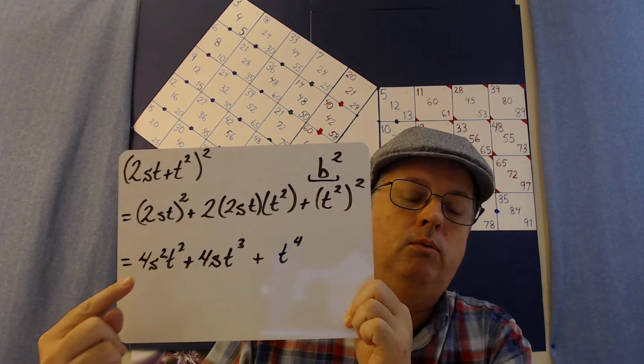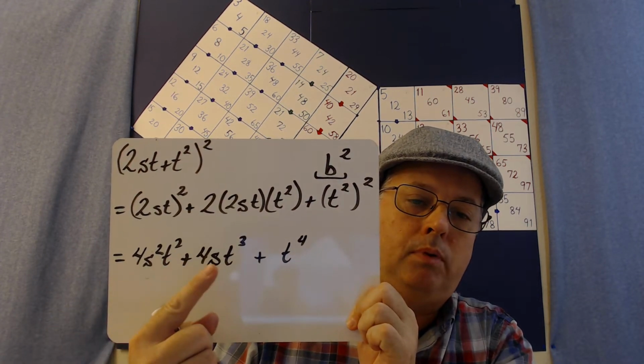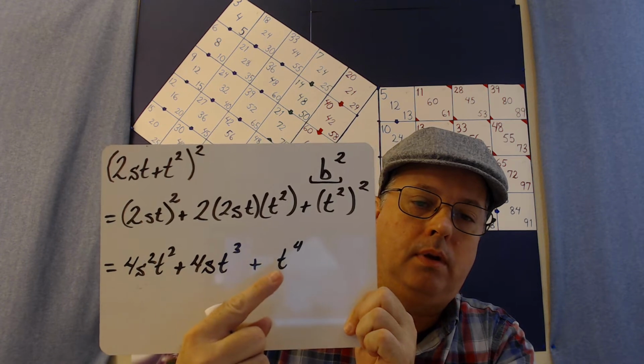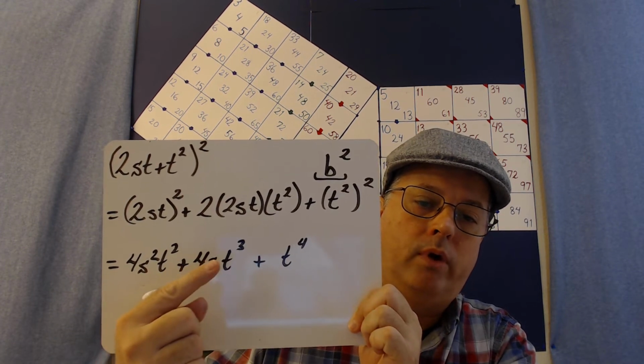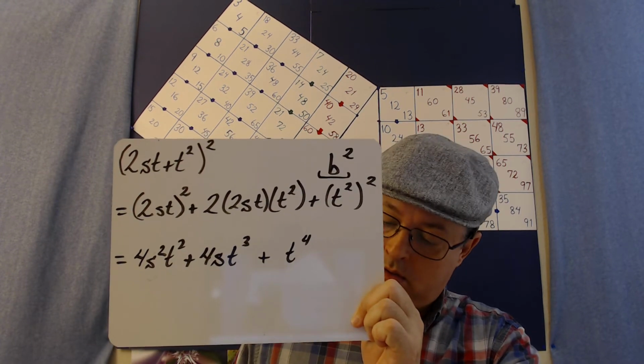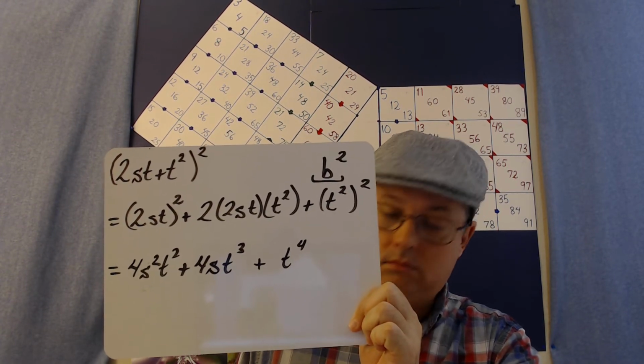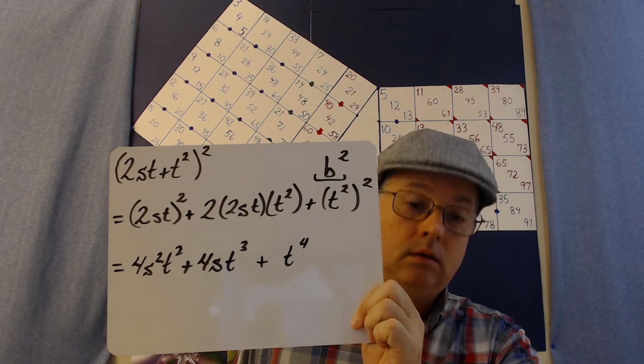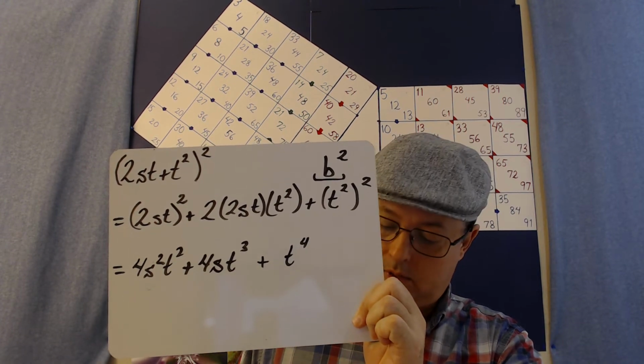All right, and so now then let's go back to our b expression. We had 4s squared t squared plus 4s to the third plus 4st to the third plus t to the fourth. And not really any like terms that I'm seeing.